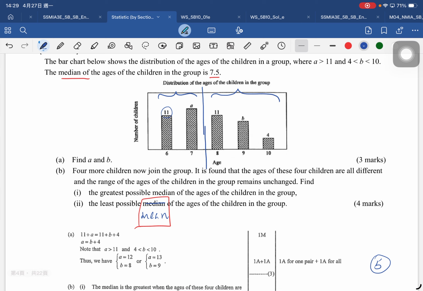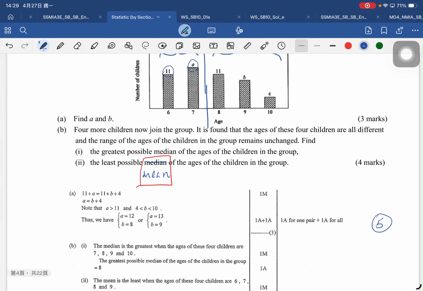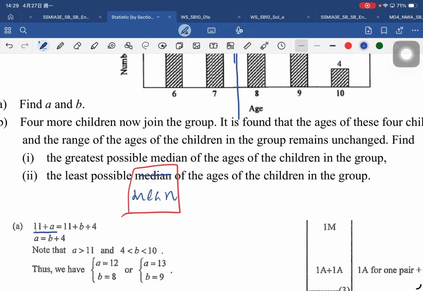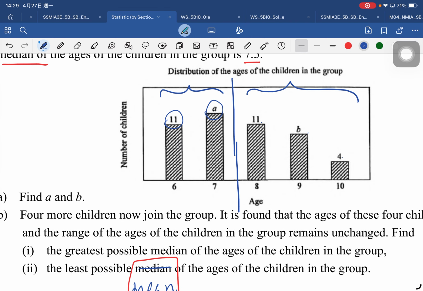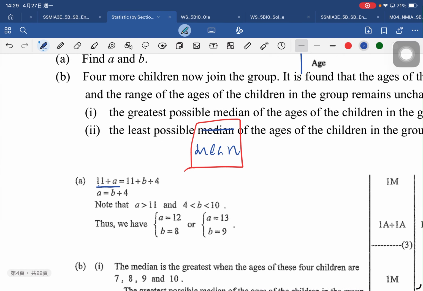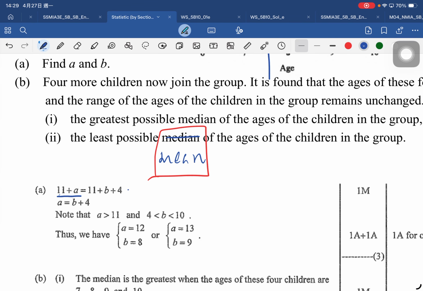That means the frequency in the upper half and the lower half should be the same. Lower half 11 plus 8. How about the upper half? The sum of 11, B and 4, I find out using their frequency. Now you can find out the relation of A and B.